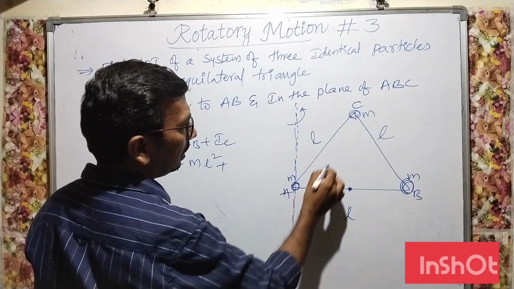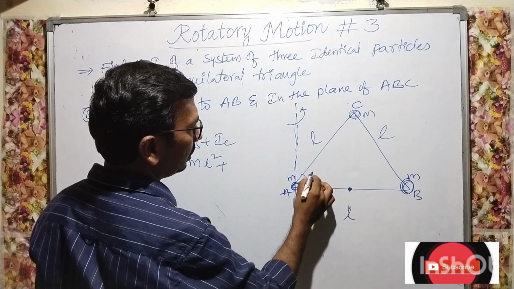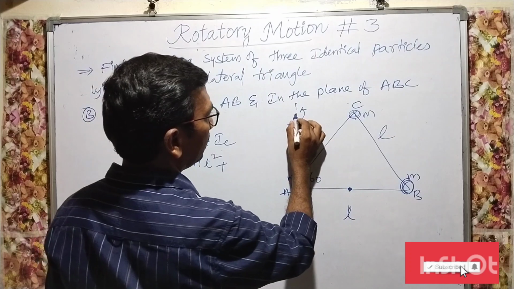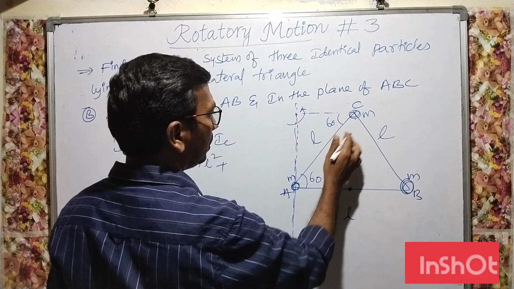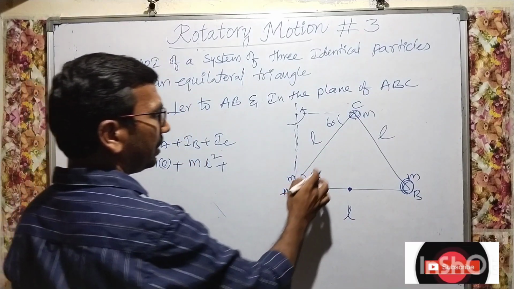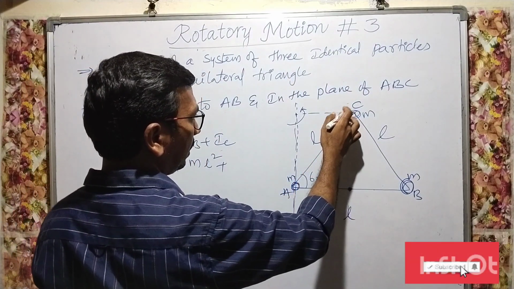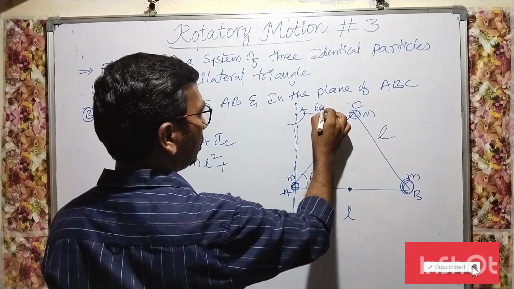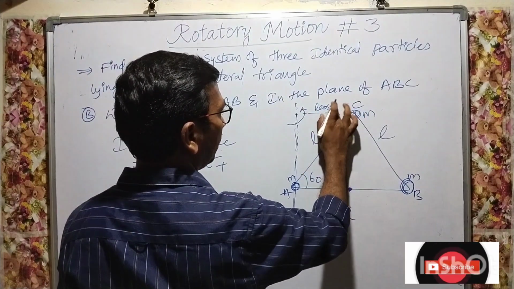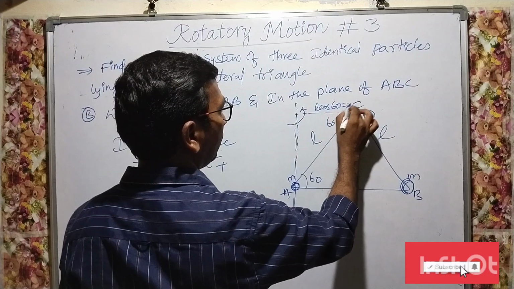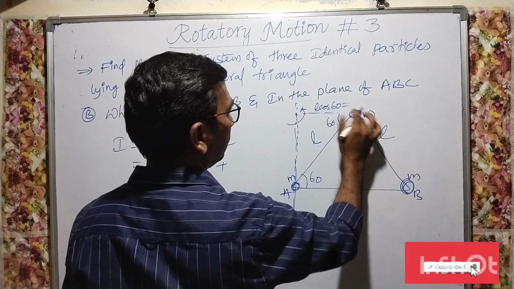Here this is an equilateral triangle, so this angle is 60. The side L makes an angle theta, so this distance is L cos theta, which is L cos 60. The value of L cos 60 is L by 2.